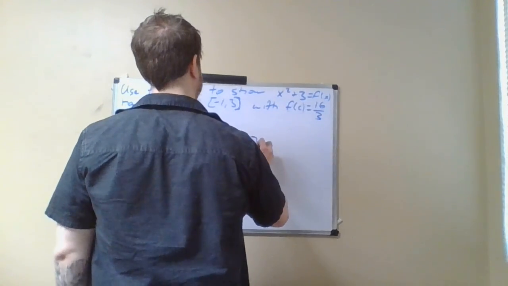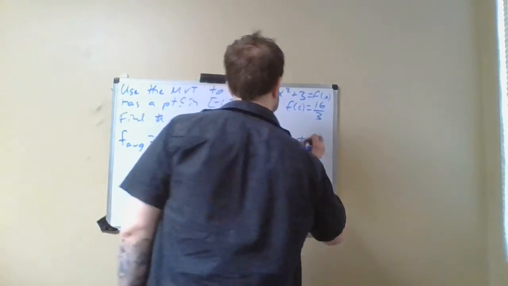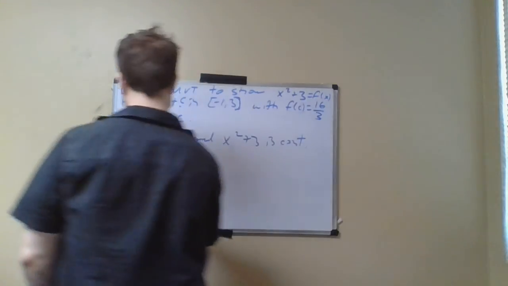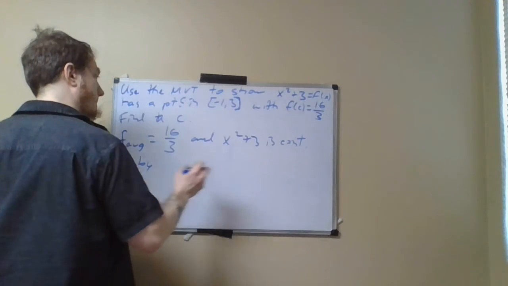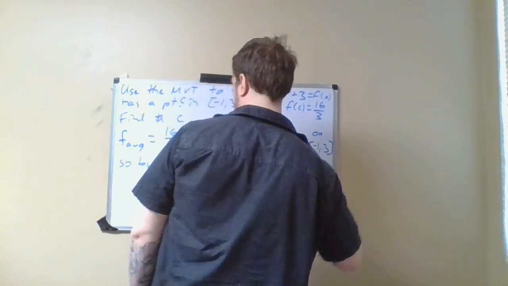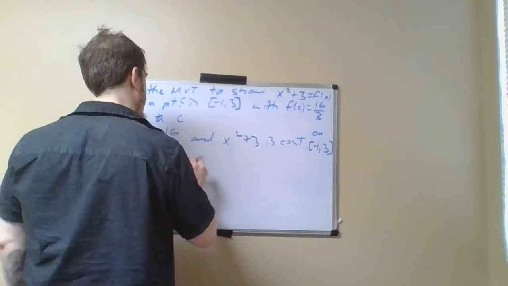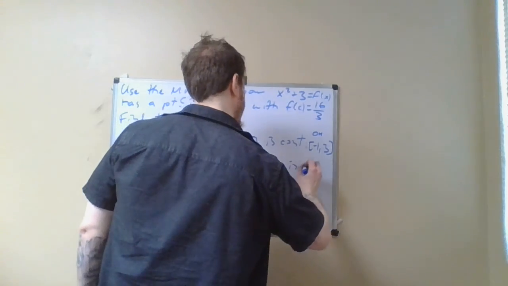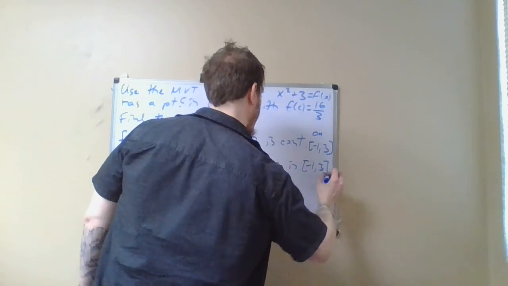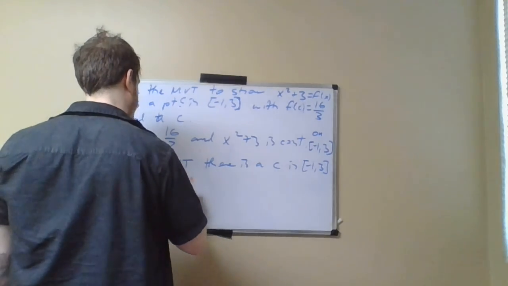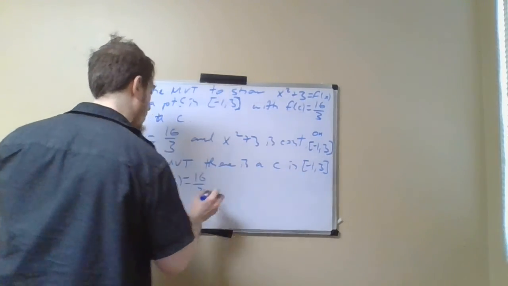And x squared plus 3 is continuous because it is a polynomial. We know polynomials are always continuous on this interval from -1 to 3. So by the mean value theorem, there is a C in -1 to 3 with f of C equals 16 over 3.